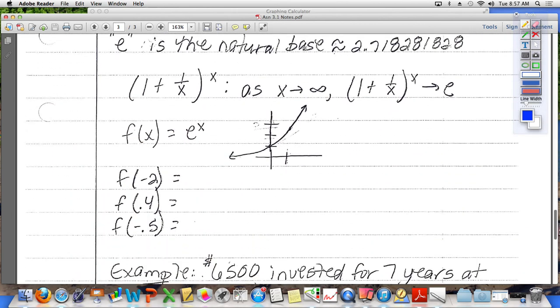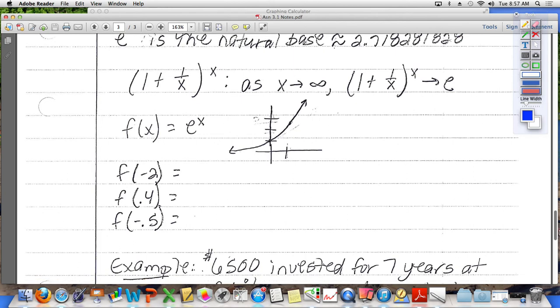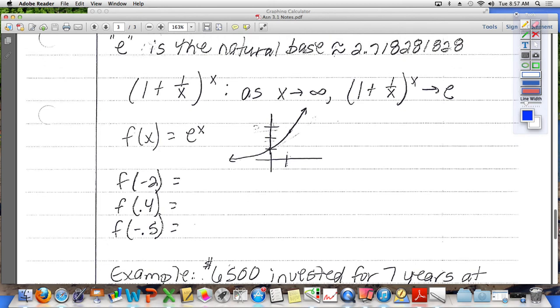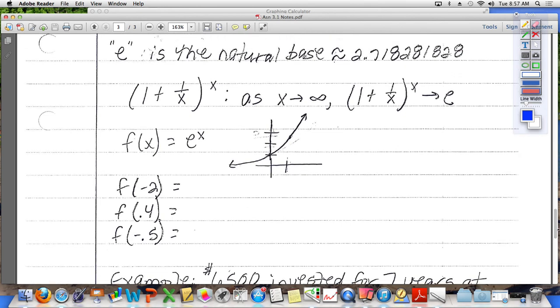So E is this natural base number, the equivalent of it is 2.718.